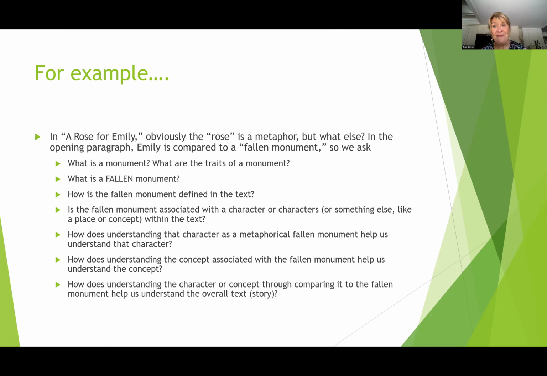But of course, this is a fallen monument. So we have this monument that we wanted to preserve, but now it's fallen. What does that mean? That this person or this concept or this historical event that once wanted to be preserved has declined, and it's no longer in favor.